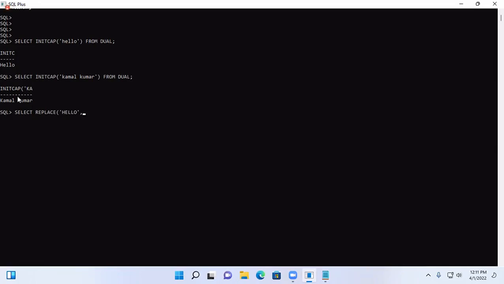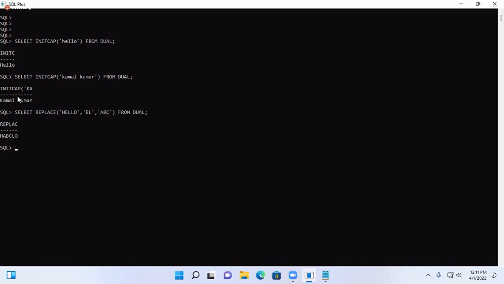From this main string, I want to replace EL with ABC. So in place of EL, I want to replace with ABC. Now you can see what happened.